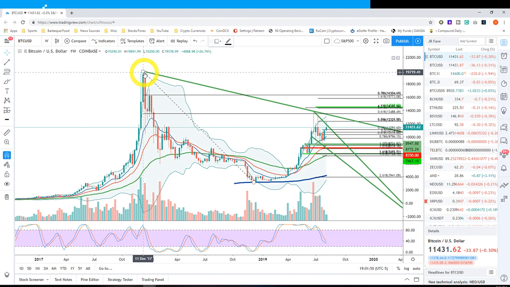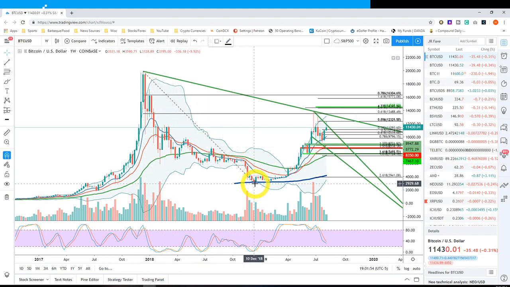I've drawn a Fibonacci from here down to here. Where we stopped on that most recent high was the 61.8 fib retracement right there. And if we should break through again, then this area right here is going to be a mother to get through, and that's 14,400.